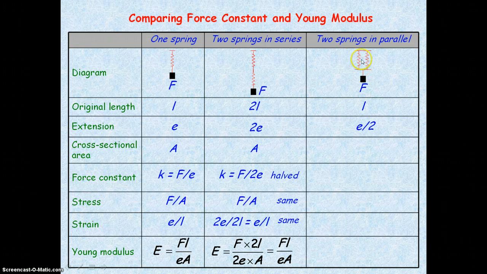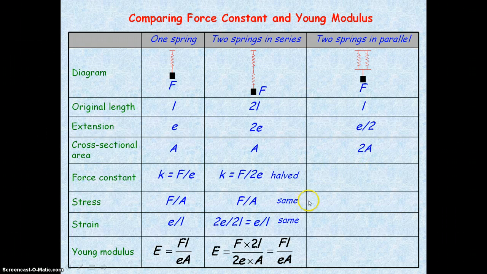So if they're getting half of the force, they're only going to be extending by half as much. The cross-sectional area, because these two springs are parallel to F, gives a total cross-sectional area of 2A.